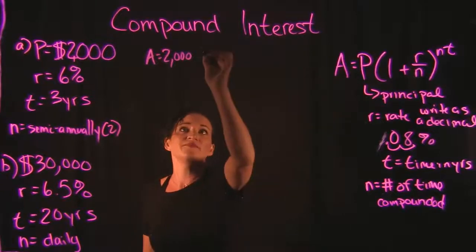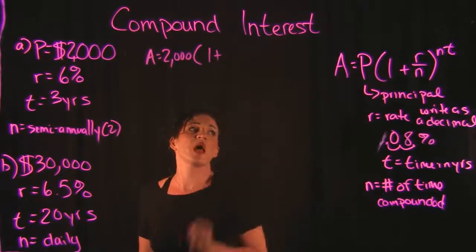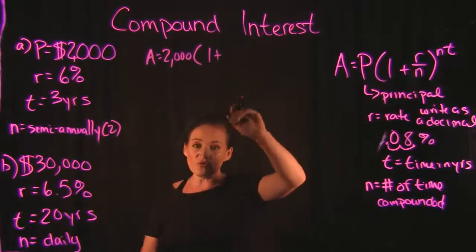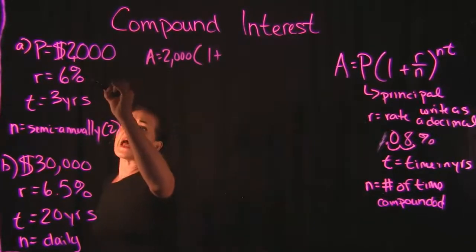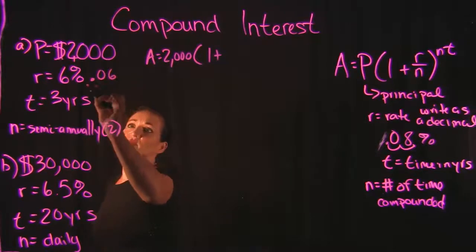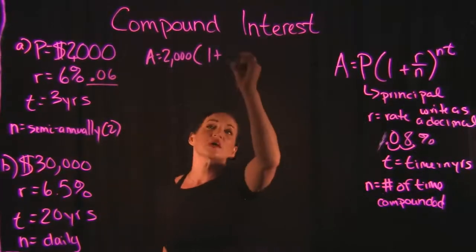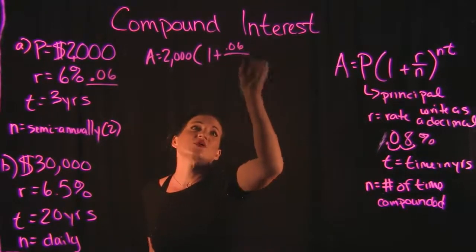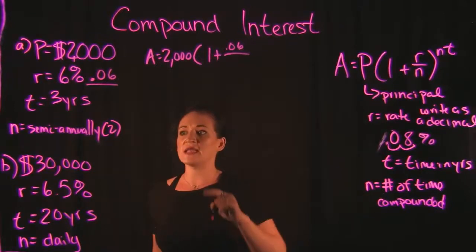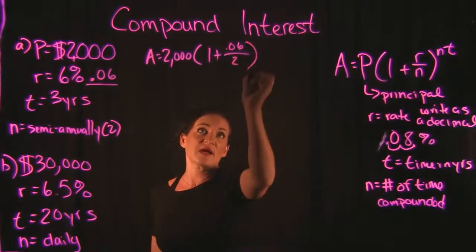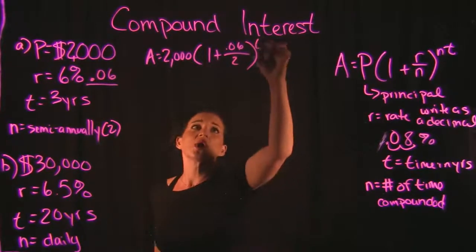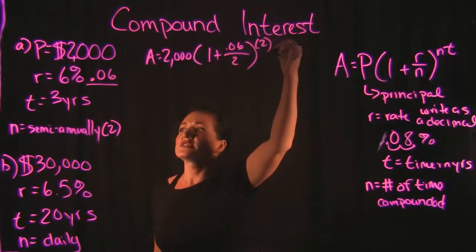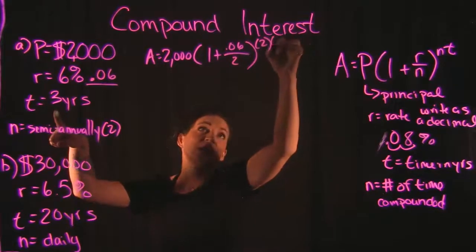We're plugging in for P. Parentheses 1 plus our rate over N. So our rate is 6%, but as a decimal, that is 0.06. So 0.06 is going to go in your numerator, and N is 2 here since it's semi-annually. And that is going to be raised to the nth power. So N is 2. Time right here is 3 years.